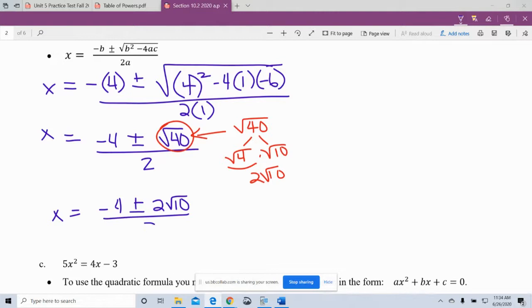Good. So that means what I have is x is equal to negative 4 plus or minus 2 square root 10 all over 2. Once again, I'm going to be looking for a little more space here, so the first thing I'm going to do is recopy this up here real quick.